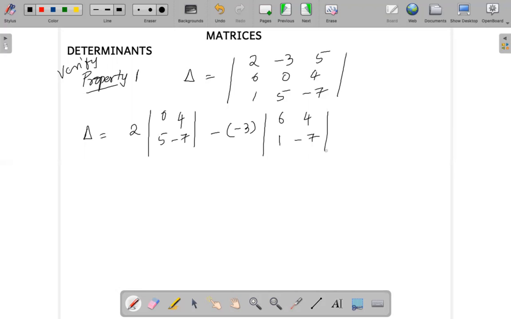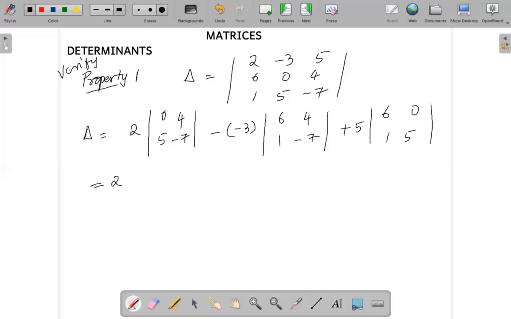Plus 5, can you tell me? 0, 4, 6, 0, 1, 1, 5. That's it. So let us simplify it further.